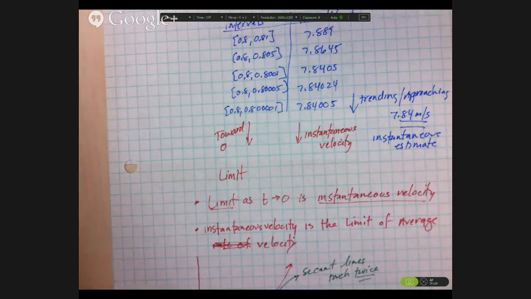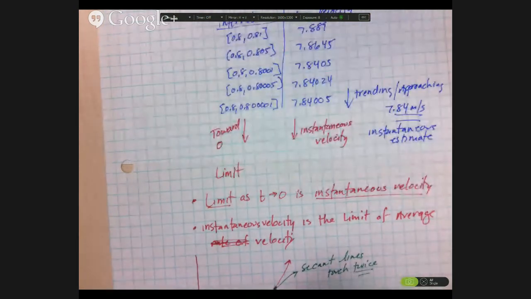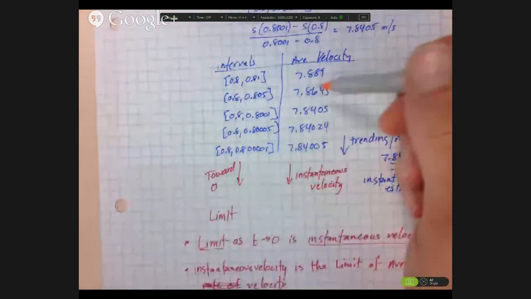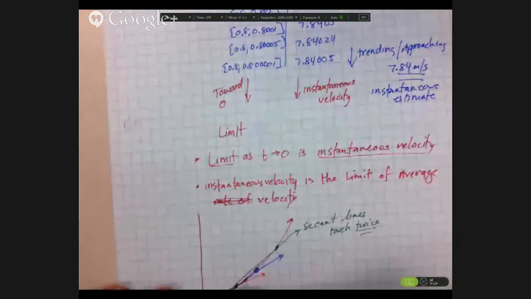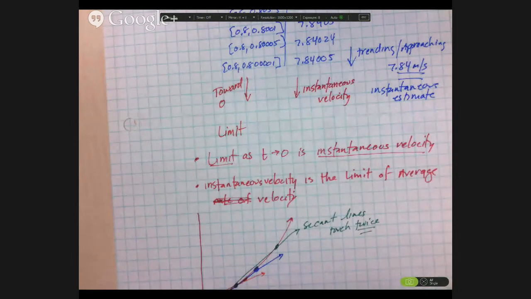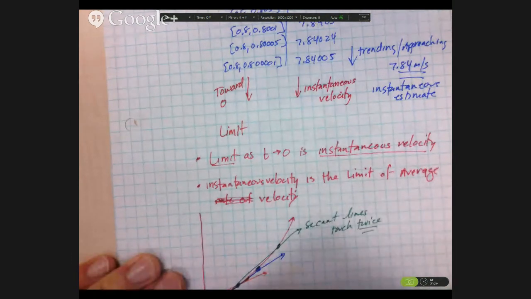But what if we went to another one, about right here? Smaller time interval, again same thing algebraically. Smaller time interval, better estimate. What we're headed towards is what we call the tangent line.